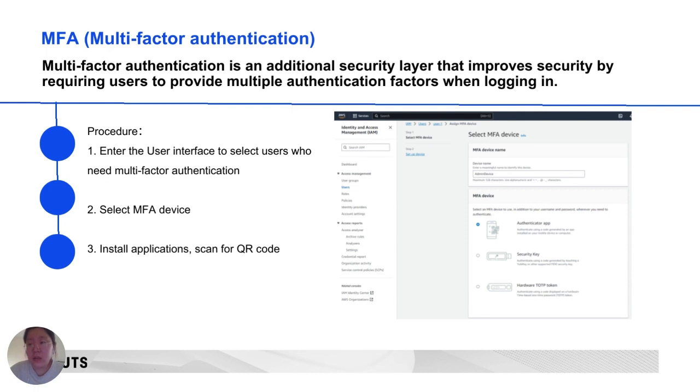And I accessed the user interface to select users who need MFA, chose the MFA device, installed the required application, and scanned the QR code to set up MFA. Actually, you can choose other options, but here I chose to use the application.